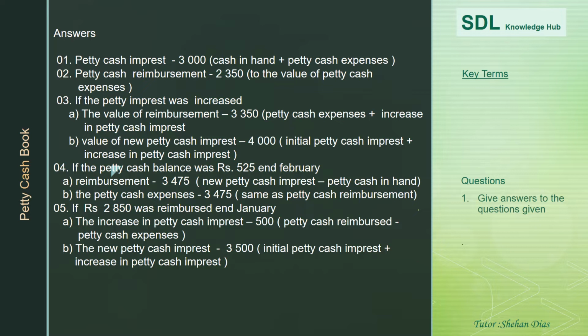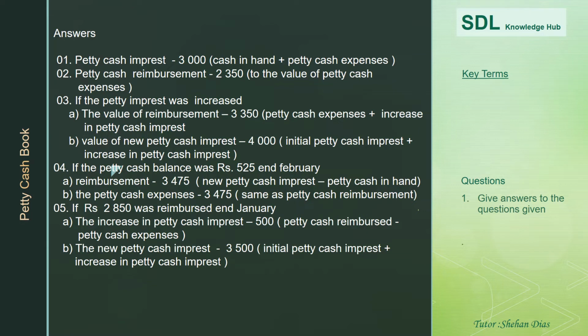The petty cash reimbursement will equal the value of petty cash expenses if there's no petty cash imprest increase. In this instance there's no increase, so the petty cash reimbursement will equal expenses, that is 2350.